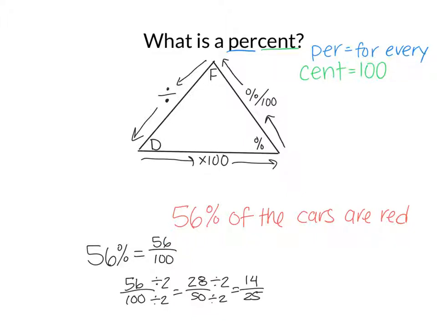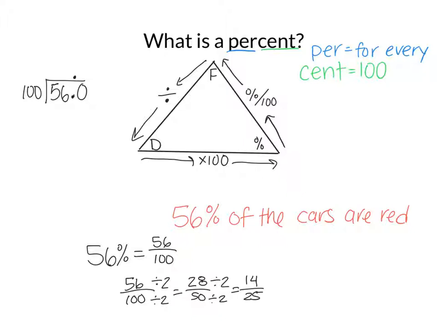So I'll do my work over here. 56 divided by 100. So 100 does not fit inside of 56. So what I do in this case is I add 0.0 because 56 and 56.0 are worth the same amount. I'll bring my decimal straight up.